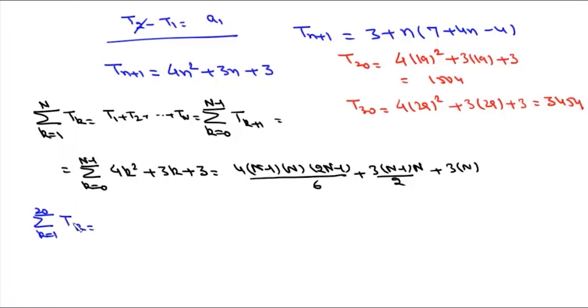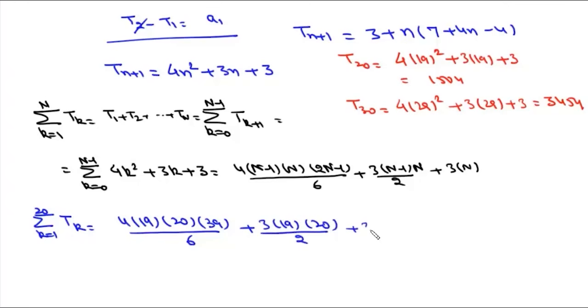Now here the value of n is 20. So if we put n as 20, it will be 4 into 19 into 20 into 39 by 6 plus 3 into 19 into 20 divided by 2 plus 3 into 20. And this value is 10510. And summation K varies from 1 to 30 Tk.